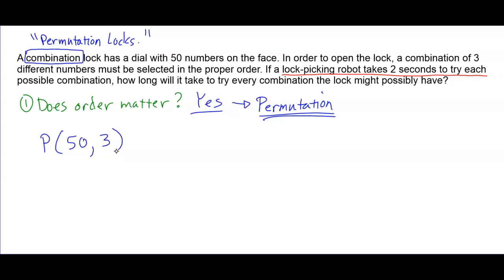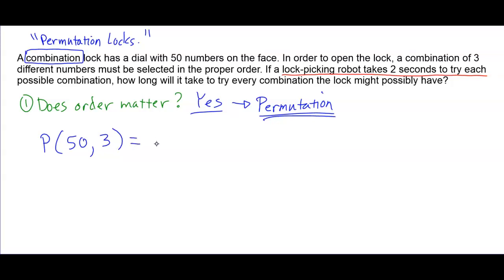Or do the numbers have to be 3 different numbers? I'm assuming that because of the way the mechanics work inside the actual tumblers of the combination lock, you can't get the same number twice, but I could be really wrong about that. Assuming that you don't repeat numbers, then it's definitely a permutation question.